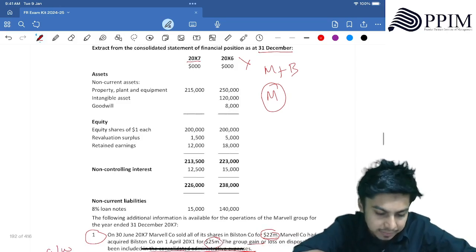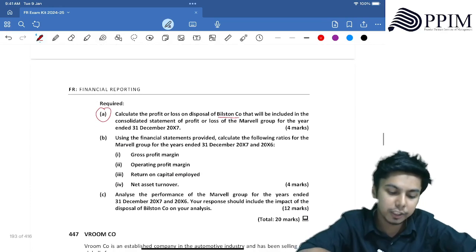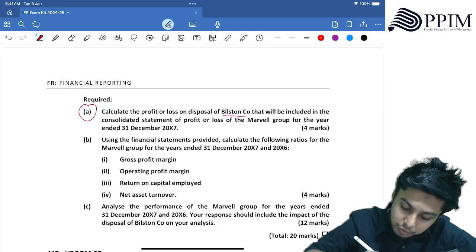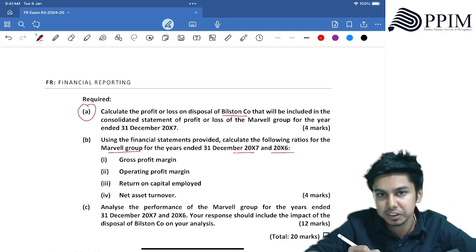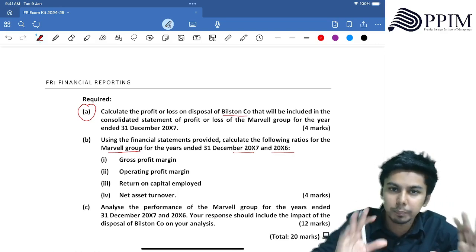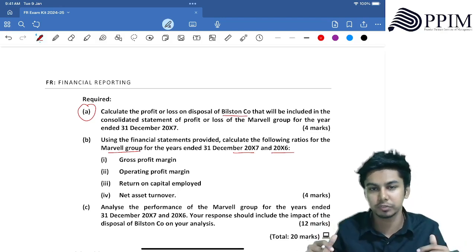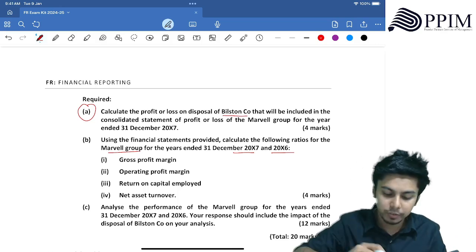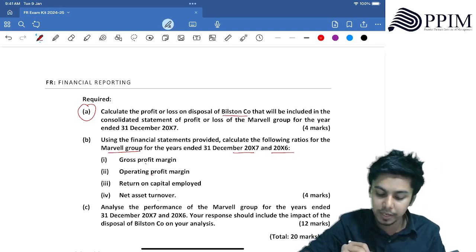Now what they're asking you to do is calculate the ratios for the group for 2007 and 2006. Shall we quickly start calculating? After that, the points don't need to be written; we'll only discuss and finish off the class with that. They're asking for gross profit, operating profit, return on capital employed, and net asset turnover.